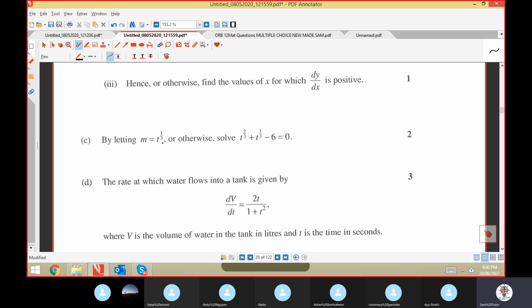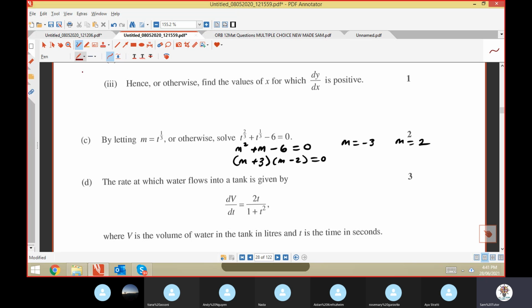All right, so if m equals t to the third, that becomes m squared plus m minus 6. Factorize: (m plus 3)(m minus 2). You end up with m equals negative 3, m equals positive 2.